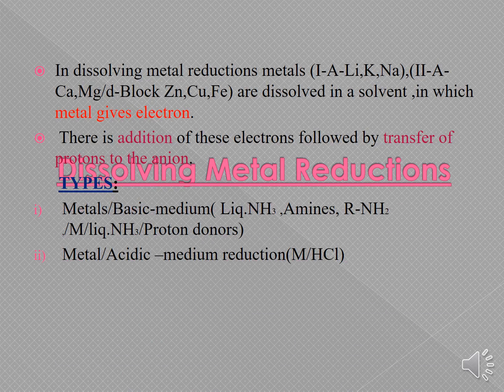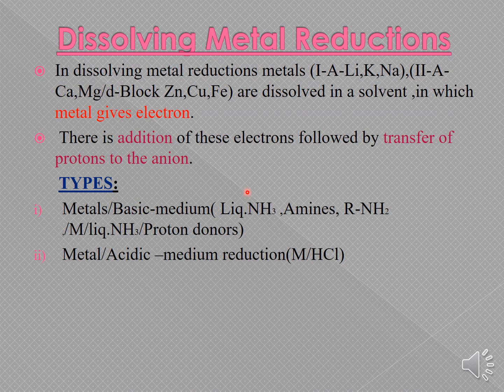So what do we mean by dissolving metal reduction? In dissolving metal reduction, the metals are from group 1A, group 2A elements and the d-block metals. For group 1A metals, you can remember them with a Hindi mnemonic: Lina ki rabdi sasti.